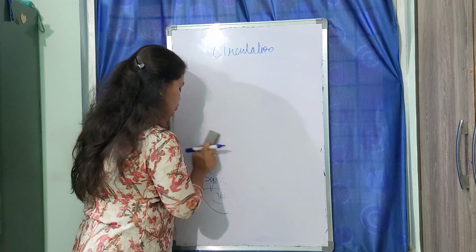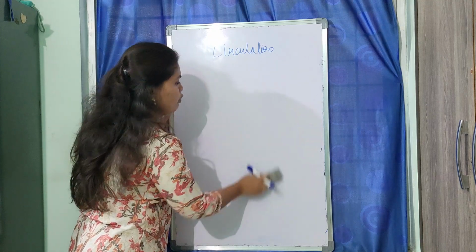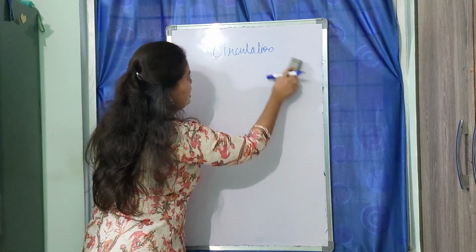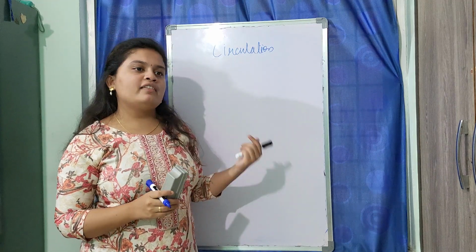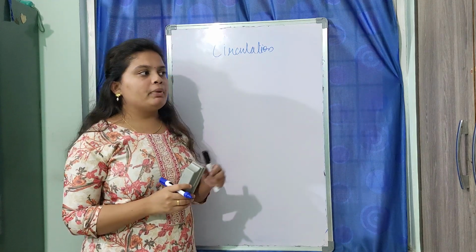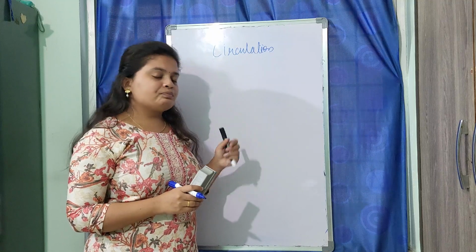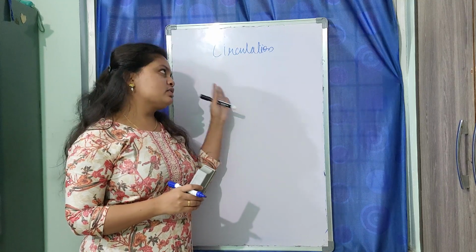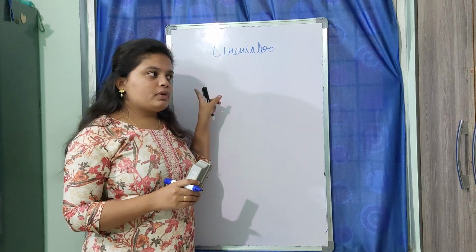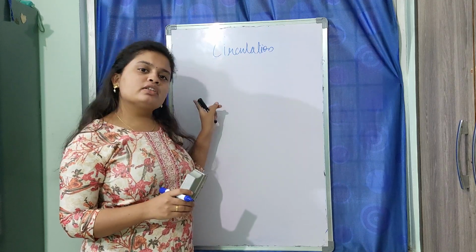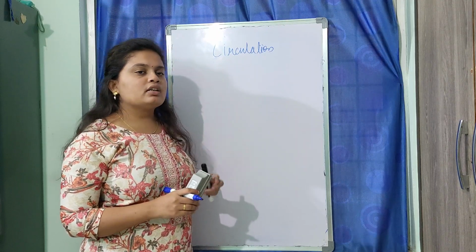Before we move to the portal system, there is a question that plagues my mind. What is it? As you know, the heart is always beating, and it is the main pumping organ of this circulation, and it needs constant blood supply. How is it handling this?